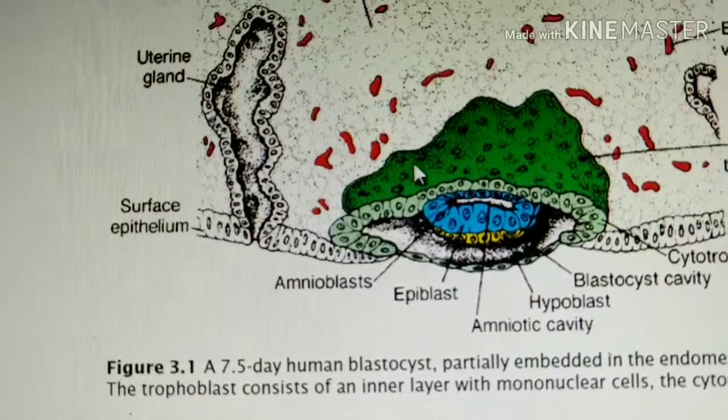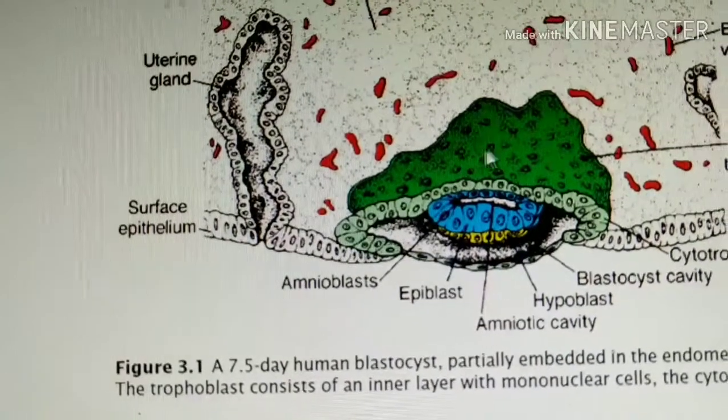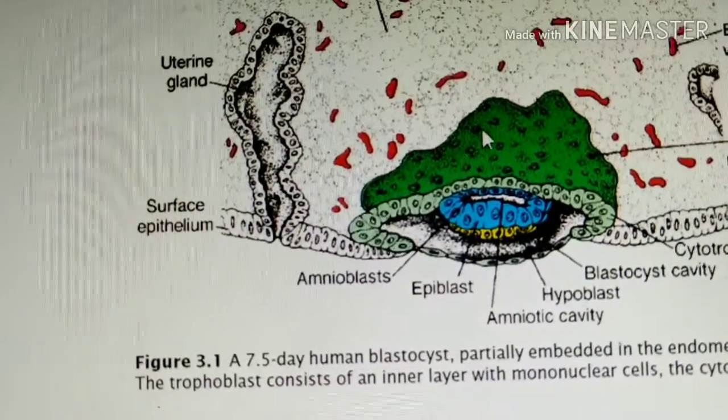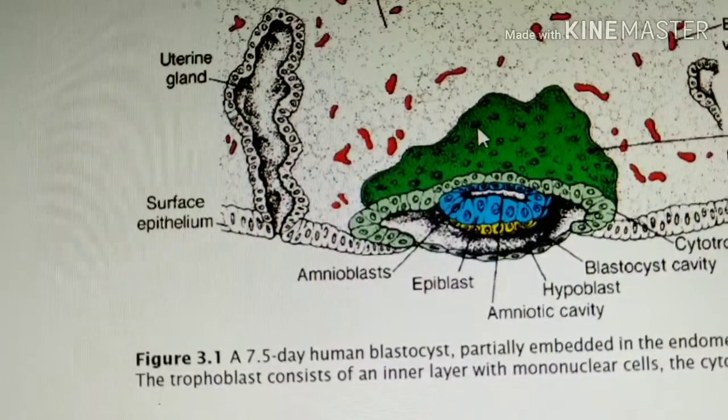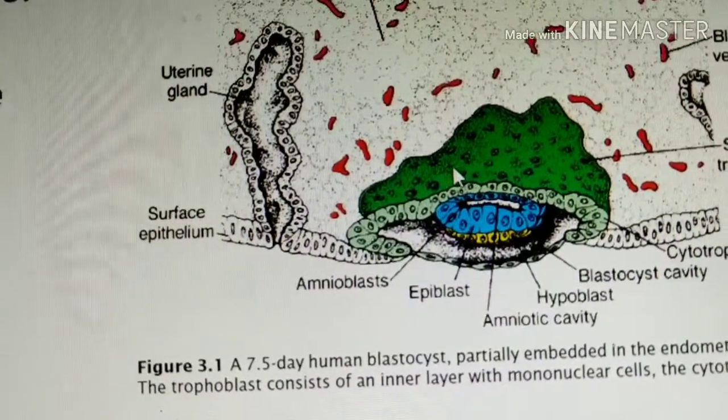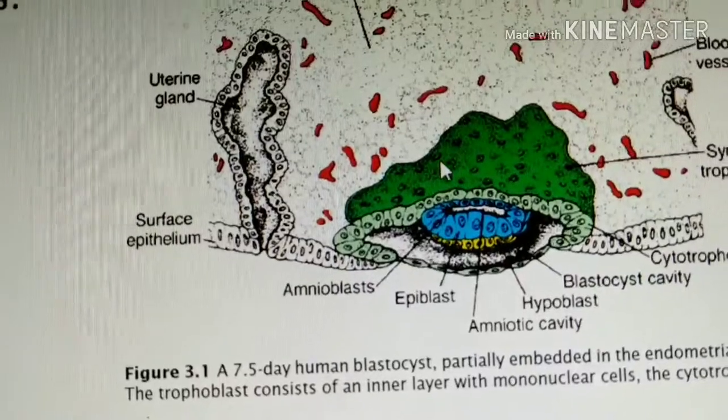This is multiple nucleated. This cell has no definite boundary.